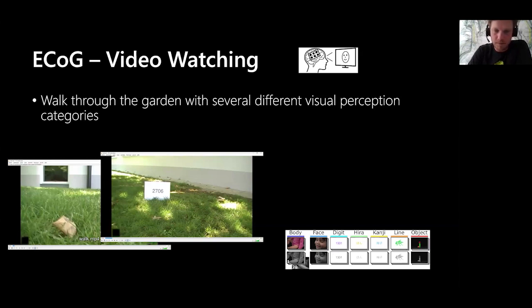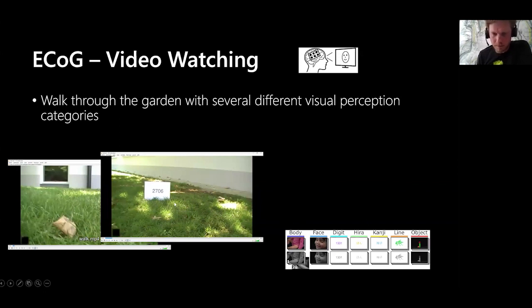So for example, if the patient looks at a face, you would be able to discriminate this based on the recorded signals from a patient looking at a digital number or something like this. During this walk, basically 7 different categories were covered, or at least a subset of them.